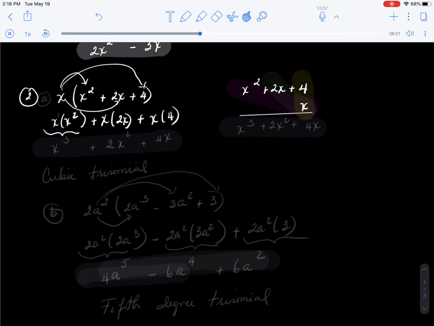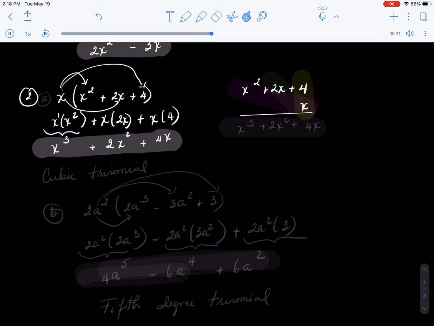Again, x times x squared, meaning x to the first, so that should give me x to the third. x times x is x squared. 2 times 1 is 2. 4 times x is 4x. In this case, it is x to the third, x to the second, x to the first. They are not like terms, so that is the simplified version.